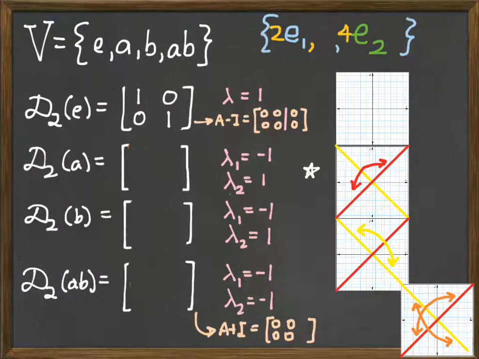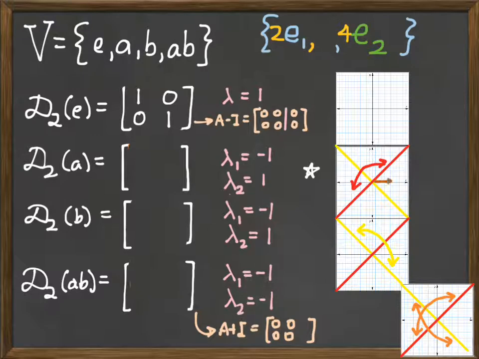So we need to preserve the line y equals minus x. So anything which has opposite x coordinate to its y coordinate has to stay put. Oh, why don't we do this a smart way? To find a standard matrix, all we have to do is transform the standard basis vectors.